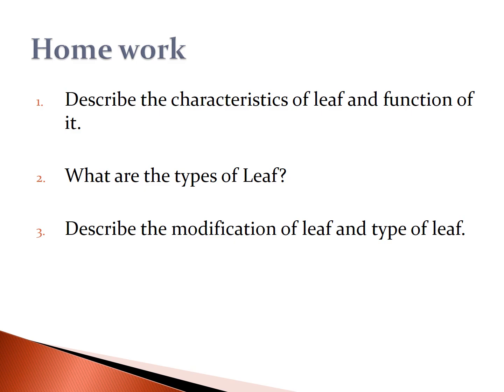Then we learned parts of the leaf. After that we learned venation. What are the types of venation? Reticulate venation and parallel venation. Then leaf mosaics. After that, leaf types. What are the types of leaf? Simple leaf and compound leaf. Then modification of the leaf. Some leaf modifications serve the function of storage.